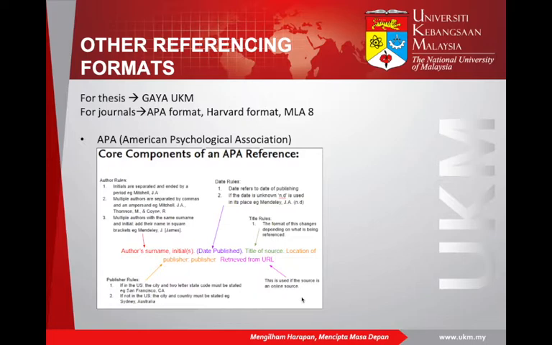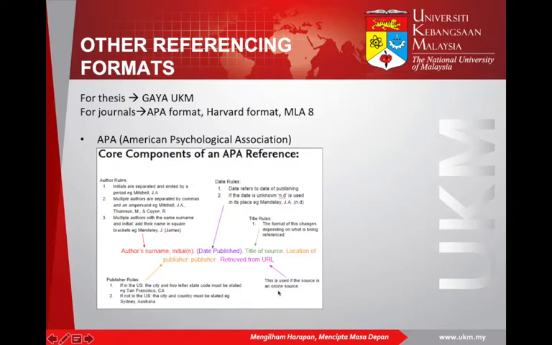The core components of an APA reference: you usually start with the author's name, comma, initials, full stop, and then the published year, full stop, the title of source. I think this is for referencing a book. Title of source, location of publisher, colon, publisher, retrieved from URL.